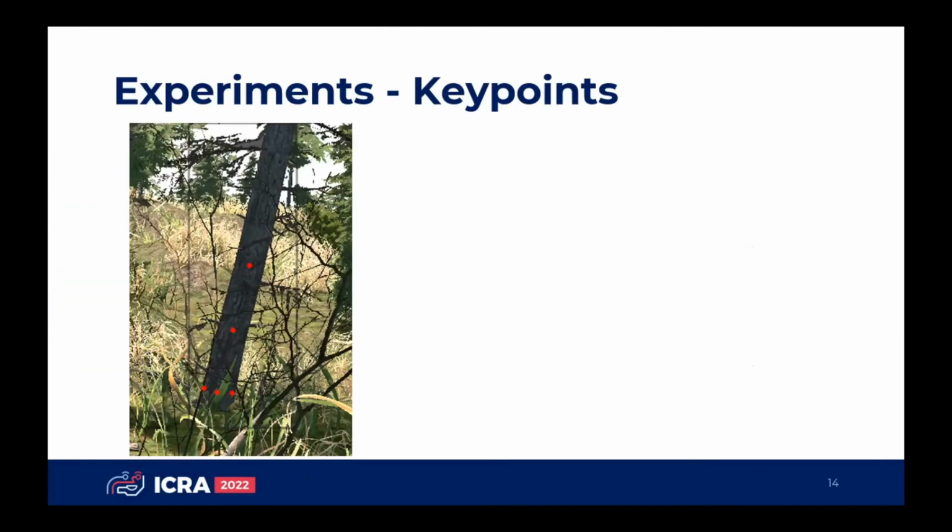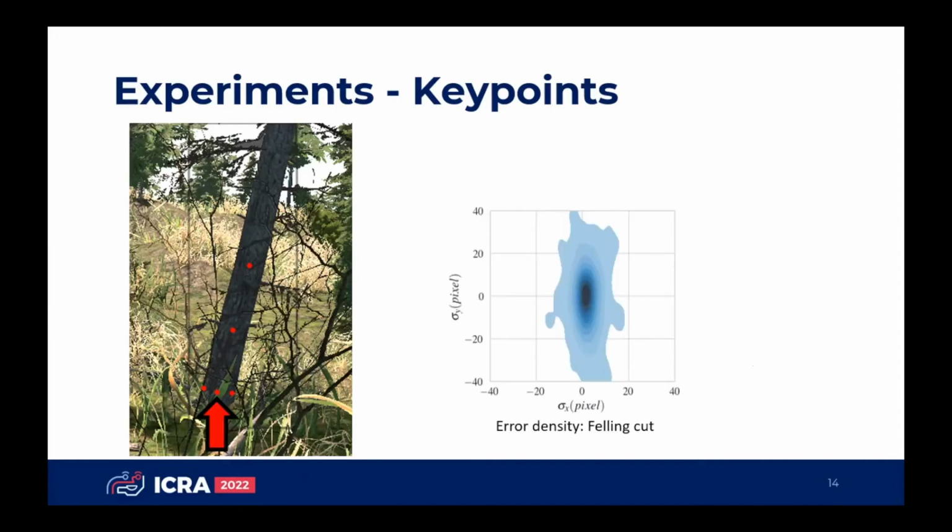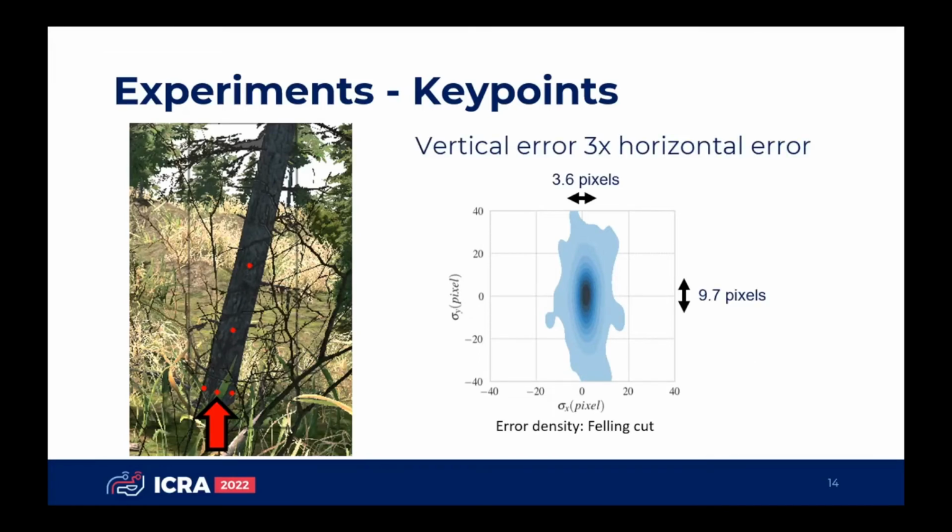But to do that, the key point must be accurate, especially for the fading cut estimation, as seen with the red arrow. So when we look at its localization error, we see that there's a bigger error vertically, about 3 times the error that we have horizontally.